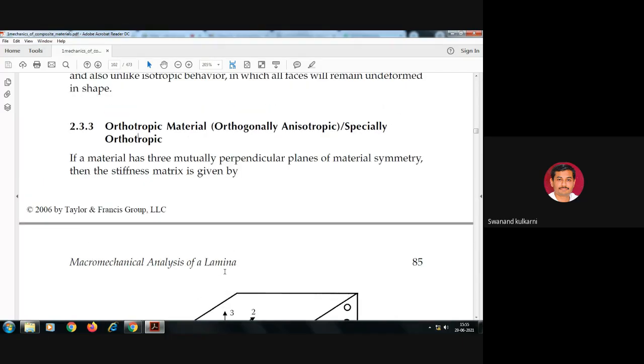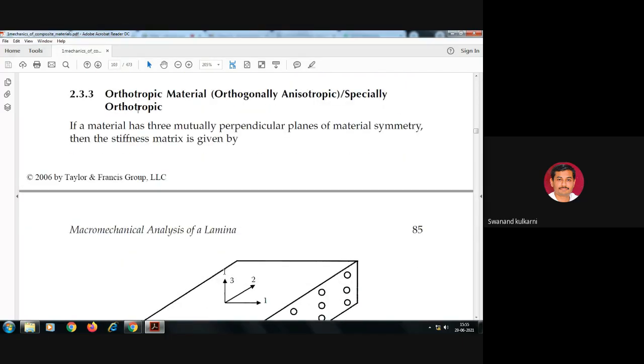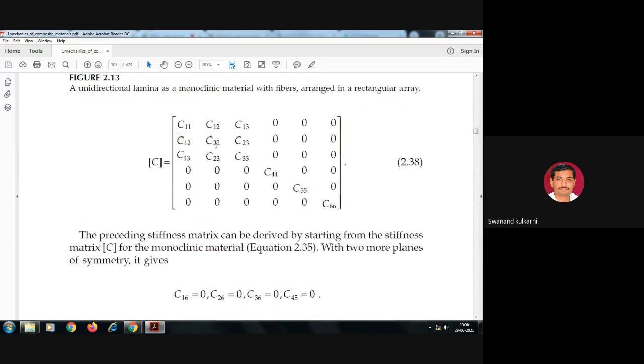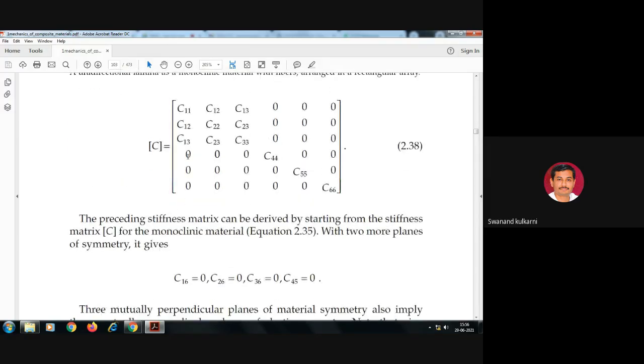Is it okay? In that case, that kind of material we consider as orthotropic material. Is it okay? If a material has three mutually perpendicular planes of material symmetry, then the stiffness matrix is given as, so here you can consider how it is calculated.